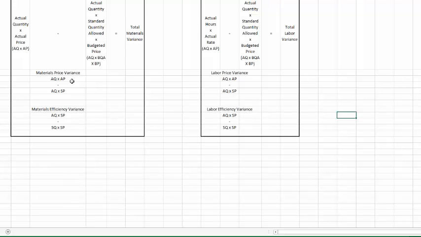Of course, we also have supply and demand issues. So if demand gets really high, we can expect those prices to go up because we're going to be competing for those materials with our competition, for those things that we all need to go into our products or services.